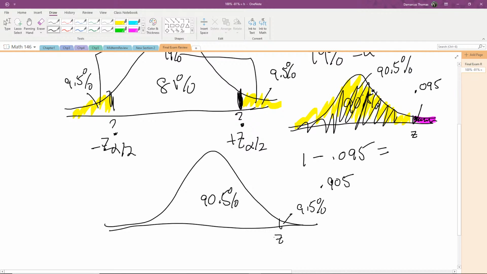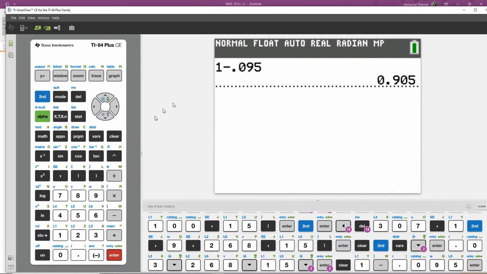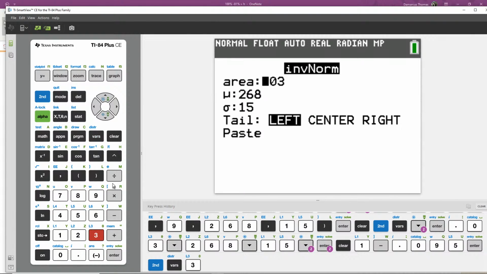And we need to find this. And so the way we're going to do it is inverse norm. We know the area. We don't know the bound, the z-score. So here's what we're going to do. We're going to go into second distribute, number 3, inverse norm. We're going to put in 0.905. Everything else is just 0 and 1.